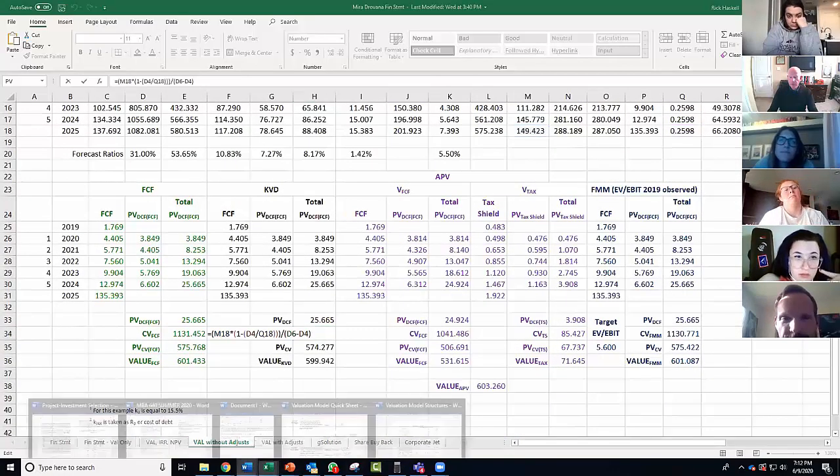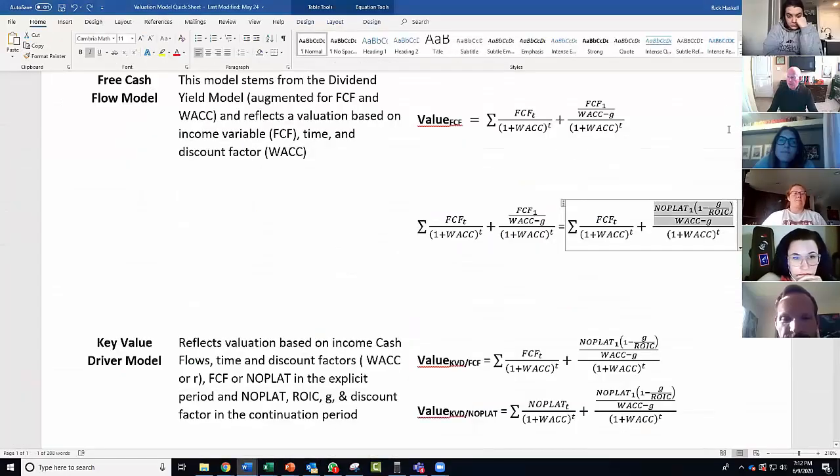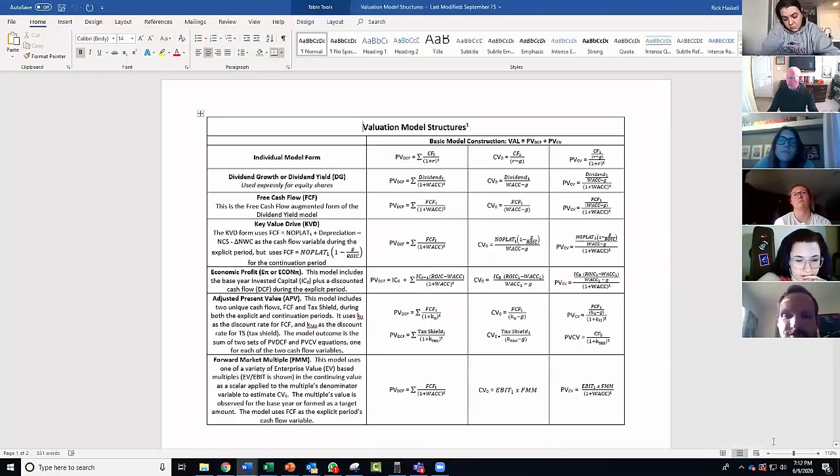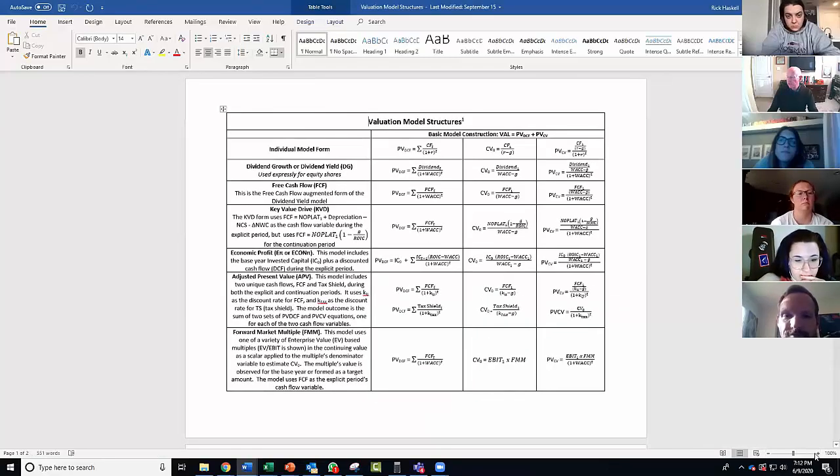And the difference can be seen simply right here. I'm going to bring up another quick sheet, and that is the valuation model structures quick sheet, which for some people makes this a little easier to see.